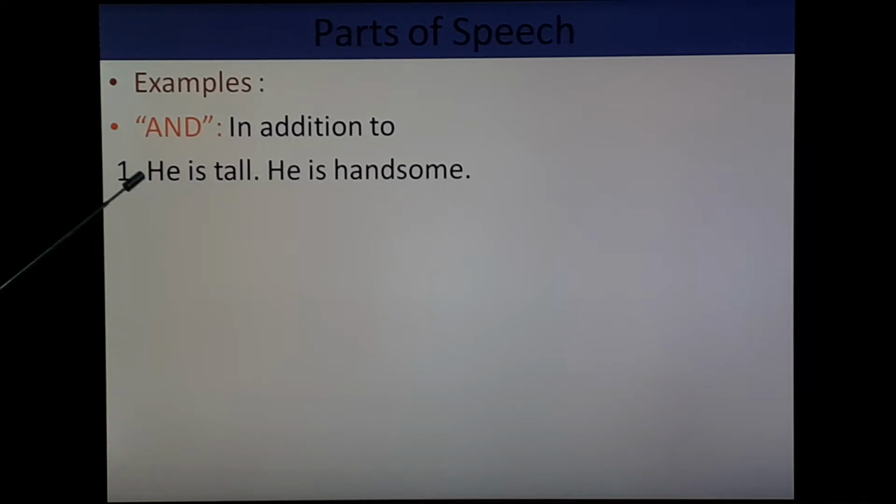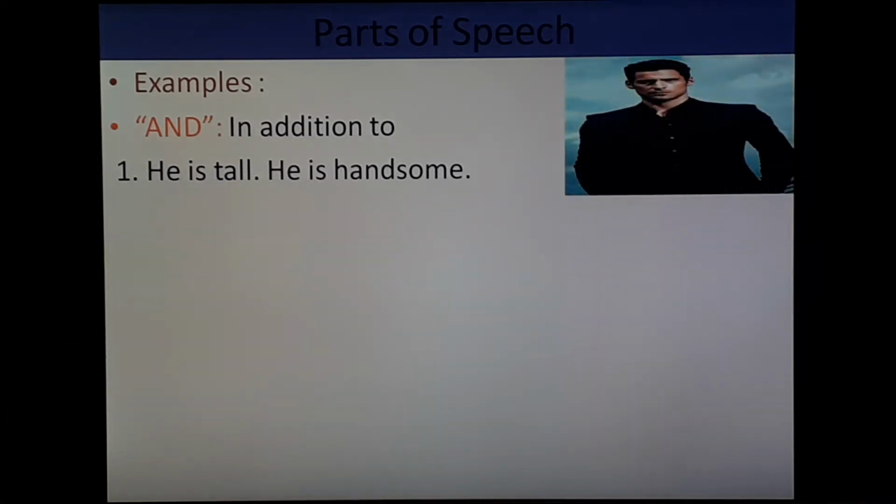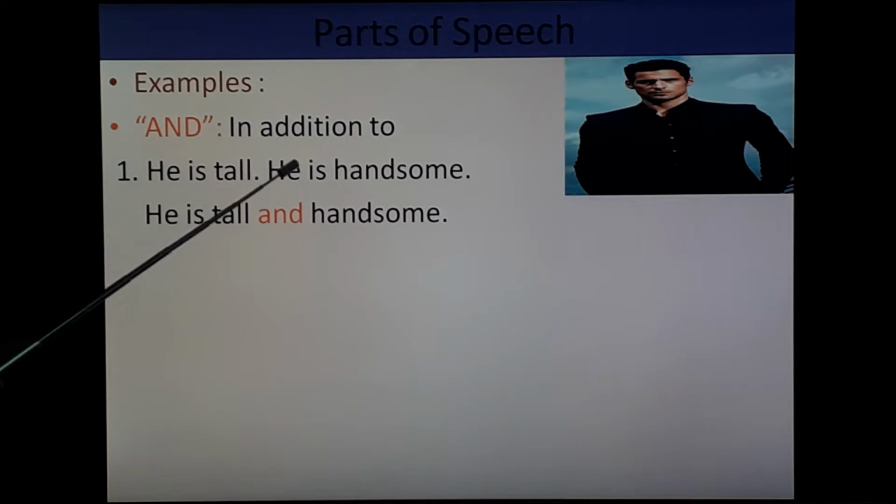For example, he is tall. He is handsome. Look at the picture. Now, here he is tall, he is handsome. Both these adjectives, or you can say words, are joined with and.